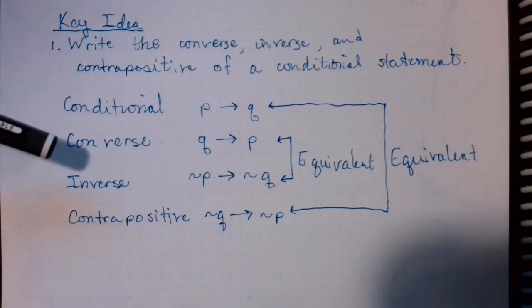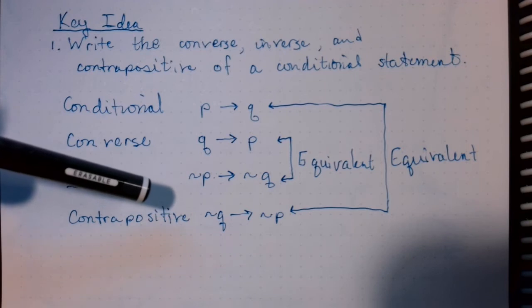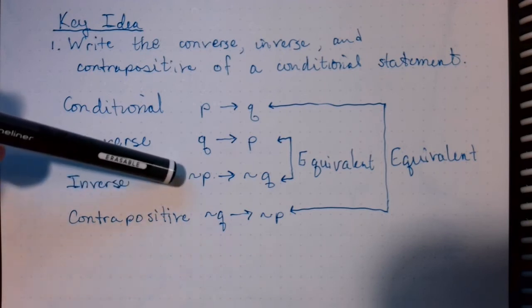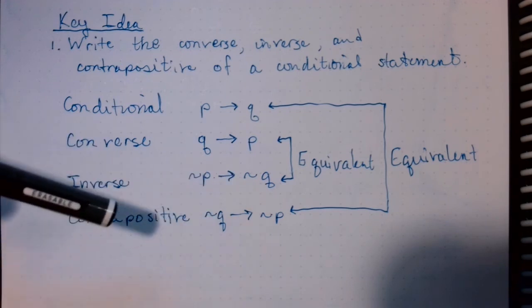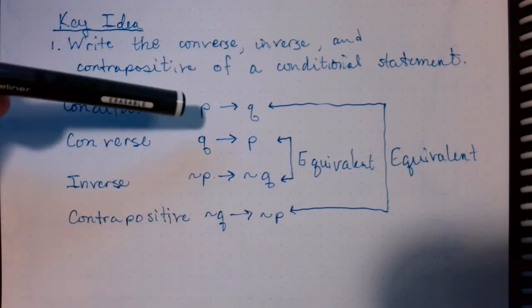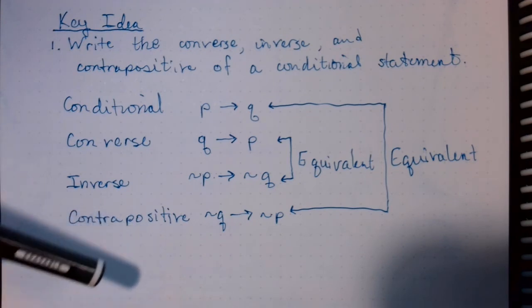The converse, however, is equivalent to the inverse of the conditional statement, which is not P implies not Q. If it's not Saturday, then it's not the weekend. But notice that is not equivalent to the original conditional statement.